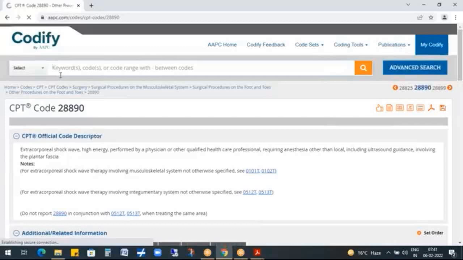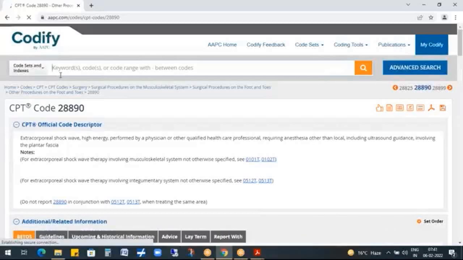I coded this one, sir. 28890. Extracorporeal shock wave, high energy, performed by a physician or other qualified healthcare professional requiring anesthesia other than local, including ultrasound guidance involving the plantar fascia.